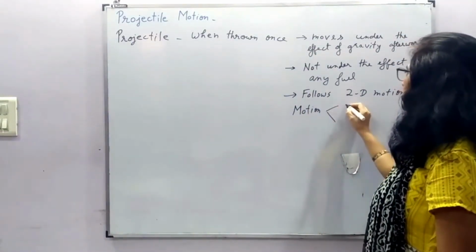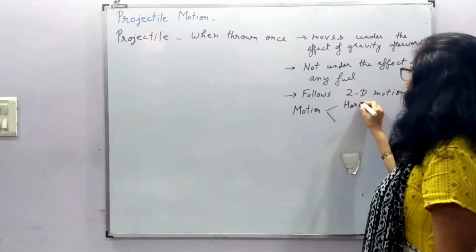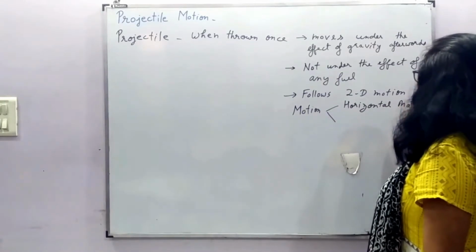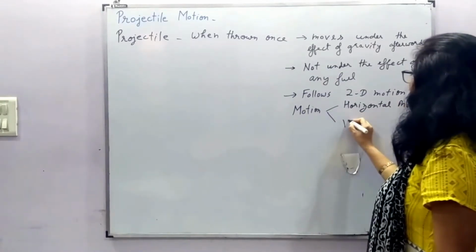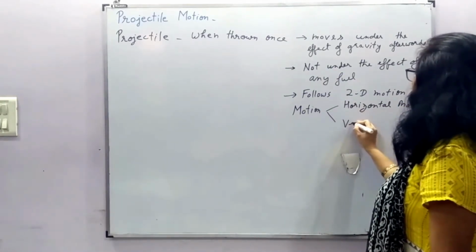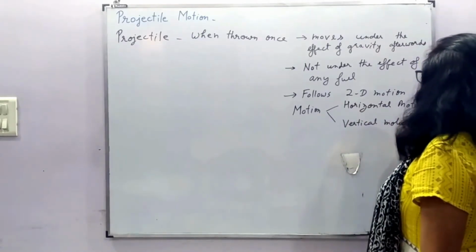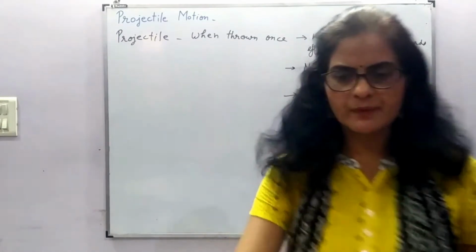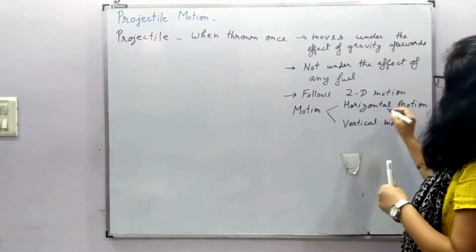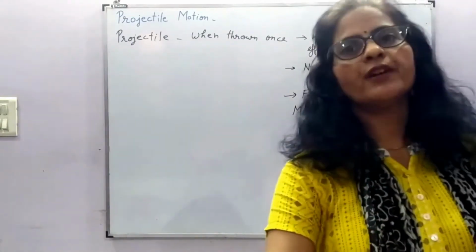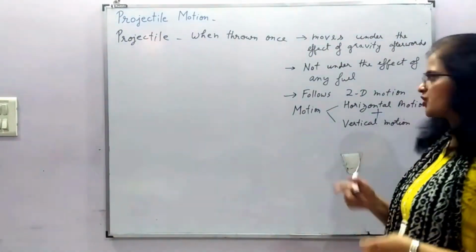So it's a combination of horizontal motion and vertical motion. So I must mention that this is the sum of these two motions, where the horizontal and vertical motions are independent of each other.